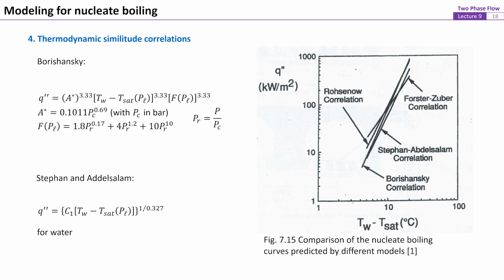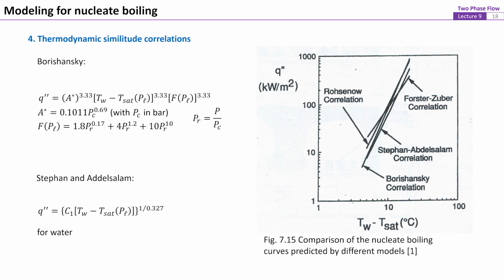The last type of model for predicting the boiling curve is based on thermodynamic similitude. The basic concept is that liquid and vapor properties for different pure fluids can often be treated in a unified way if normalized with the corresponding values at the critical point. In other words, the reduced pressure and temperature are adopted.